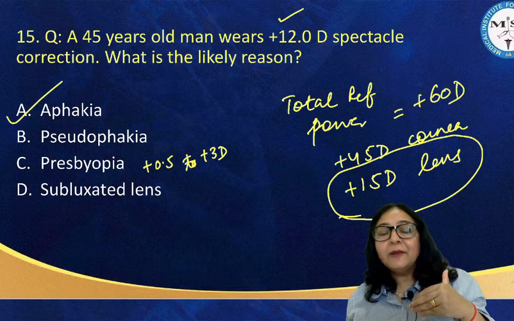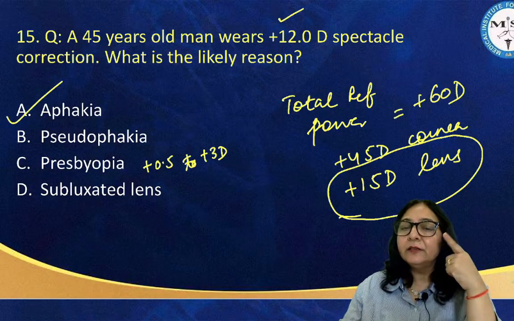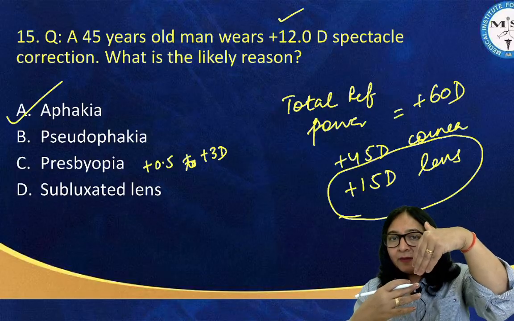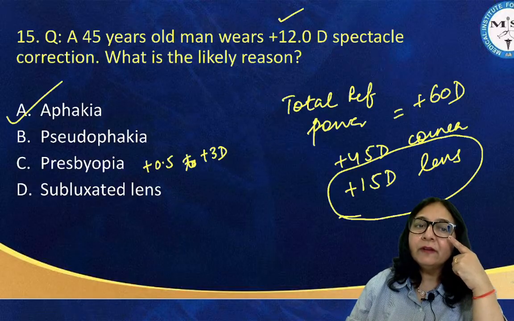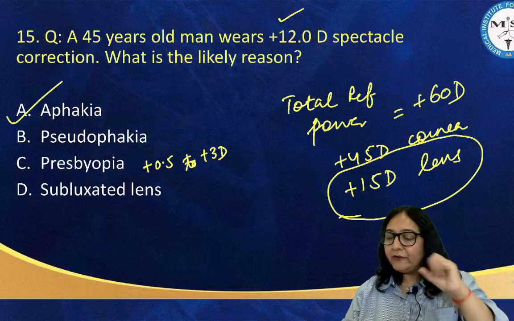Even if the lens is subluxated, it will rather cause double vision, and you might need to correct the patient by giving astigmatic glasses because the lens is subluxated. Only a dislocated lens might need this kind of spectacle correction. Okay, so when there is no lens in the pupillary area.